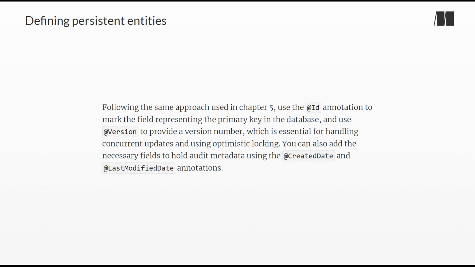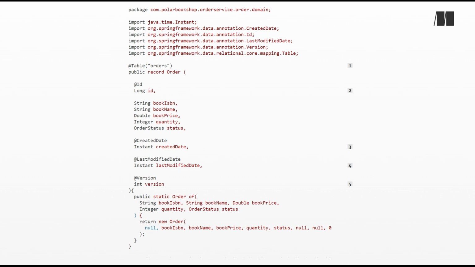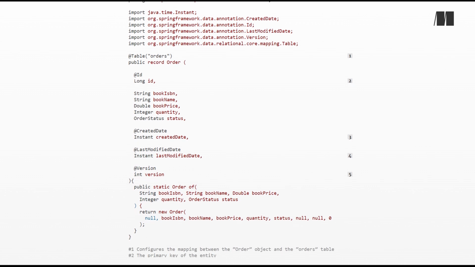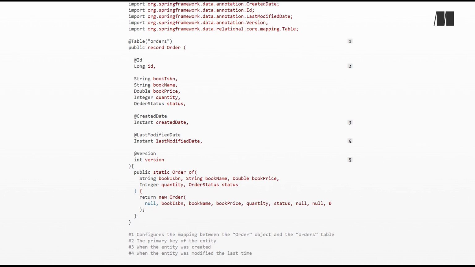Following the same approach used in Chapter 5, use the @Id annotation to mark the field representing the primary key in the database, and use @Version to provide a version number, which is essential for handling concurrent updates and using optimistic locking. You can also add the necessary fields to hold audit metadata using the @CreatedDate and @LastModifiedDate annotations. The default strategy for mapping an entity to a relational table is to transform the Java object name into lowercase.